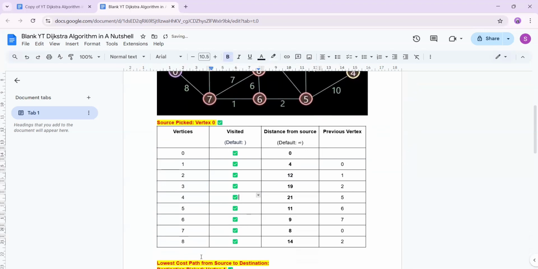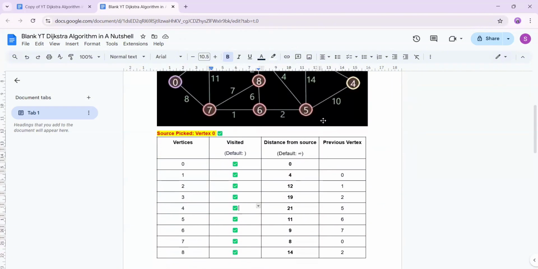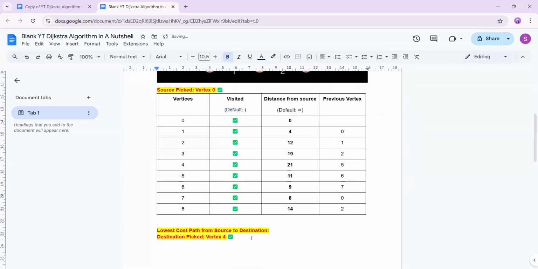So now let's track back our path if we pick vertex 4 as our final destination. From vertex 4, our previous vertex is 5. Then we go to 5 again. Our previous vertex is 6. Then we go to 6 again.